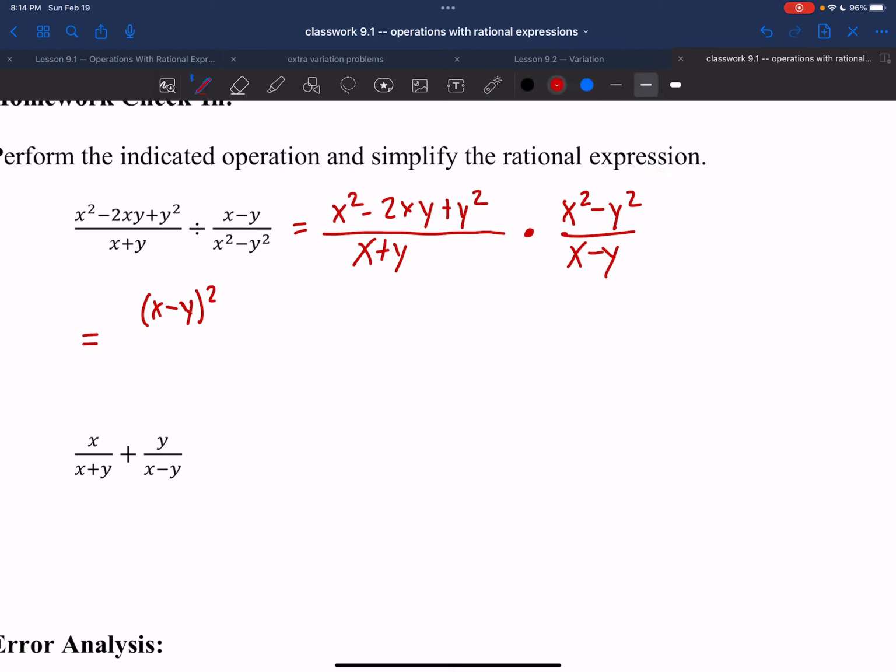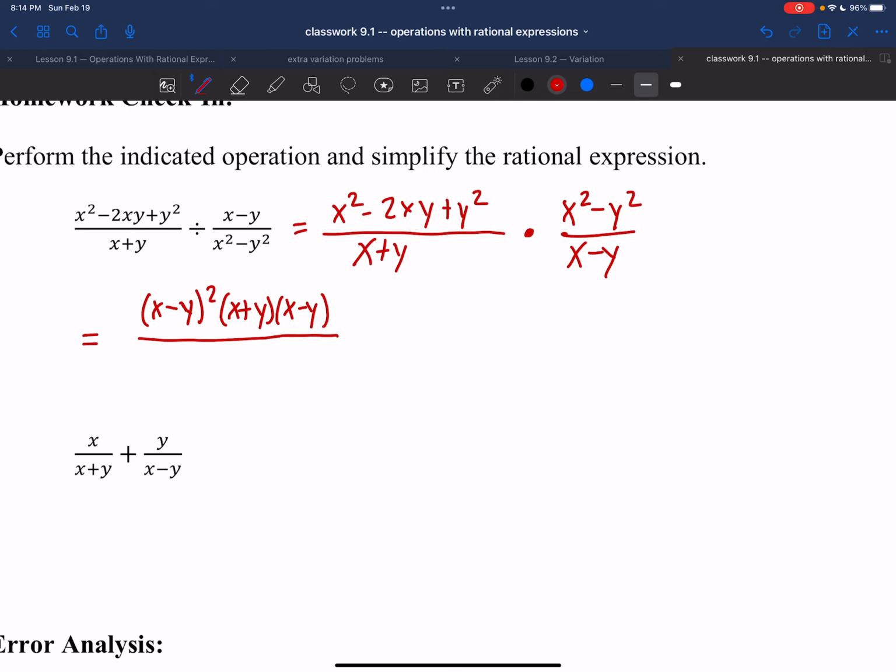I almost called that one a perfect square trinomial. I am all over the place. This numerator is a difference of squares. Slow down, Mr. Spake. I'm so excited. I just want to tell you everything. x squared minus y squared factors as x plus y times x minus y, by the difference of squares identity.